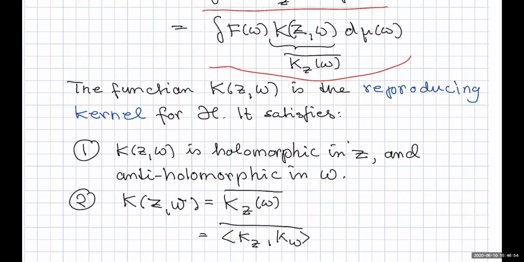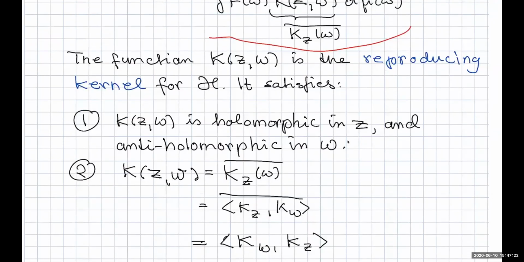Anti-holomorphic simply means you look at the opposite complex structure, or you can think of it as: the function is anti-holomorphic if its conjugate is holomorphic. It does not matter which one, okay? So that would be a definition of anti-holomorphic.